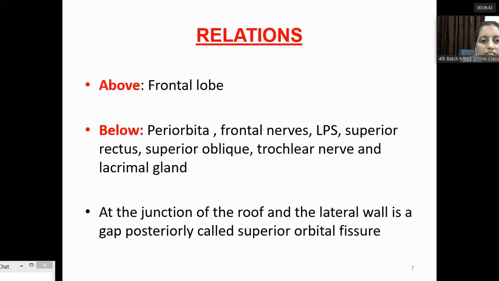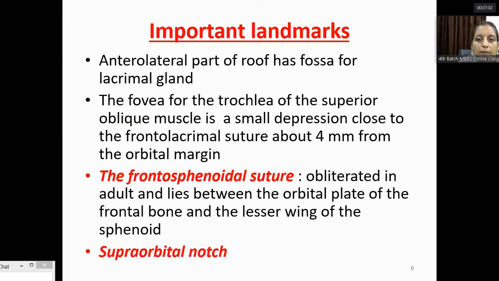The relations are the frontal bone, below the periorbita, frontal nerve, LPS, superior rectus, superior oblique, trochlear nerve and lacrimal gland. At the junction of the roof and lateral wall is a gap posteriorly called the superior orbital fissure. So the roof is formed by two bones.